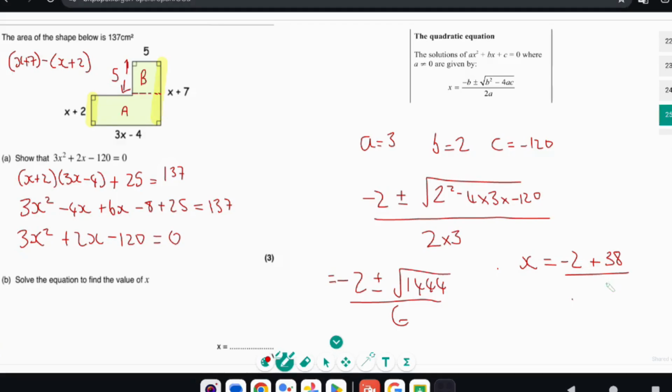This is our other answer. So x could be 6 or x could be minus 6.6 recurring, but it can't be negative, can't have a negative dimension. So x is equal to 6.